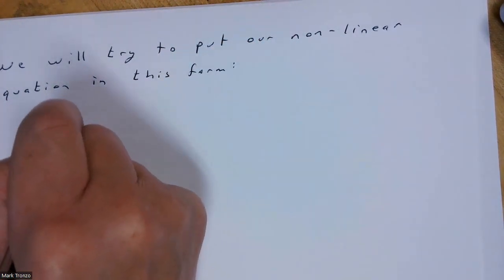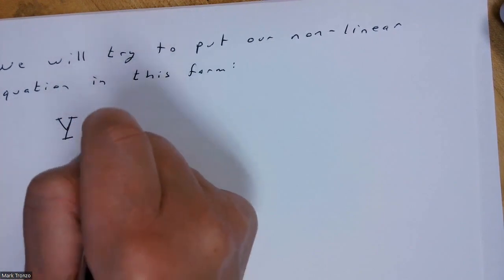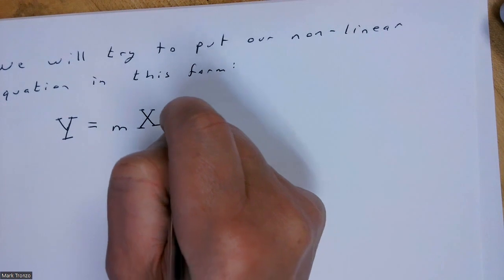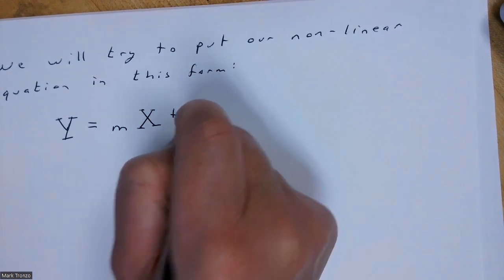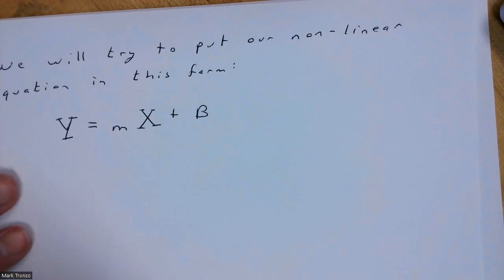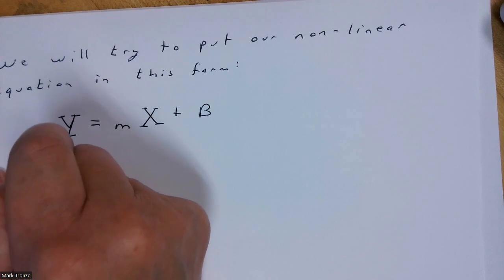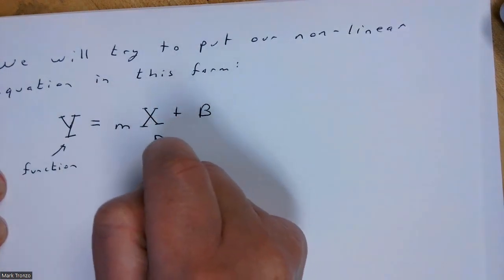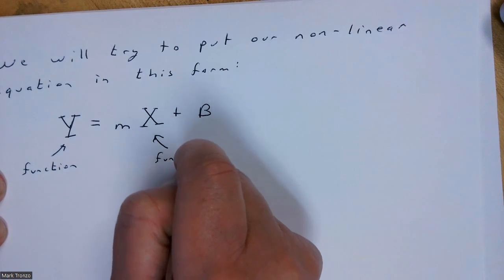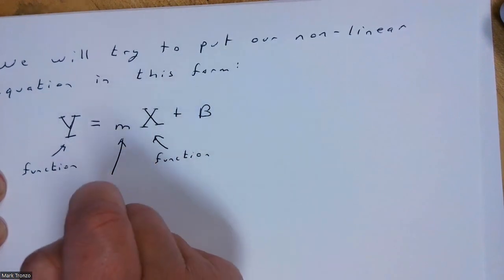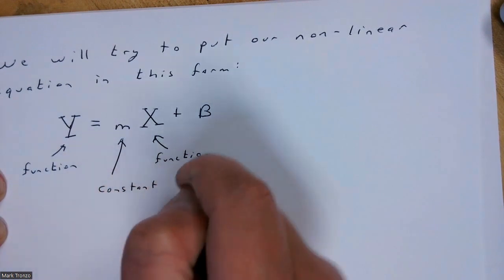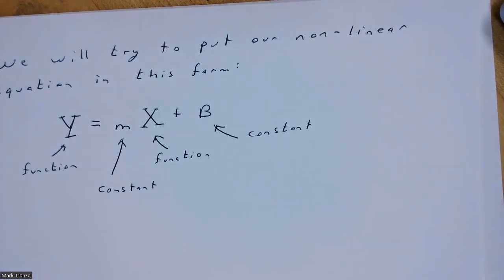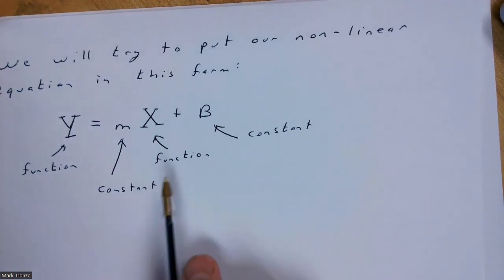I'll call this a capital Y equals M capital X plus, and call this maybe capital B. So it looks sort of like a linear equation, except this is a function, not just x. This is a function, and this is a constant, our slope. And then this is a constant. So we're going to try to take our equation and put it into this form.